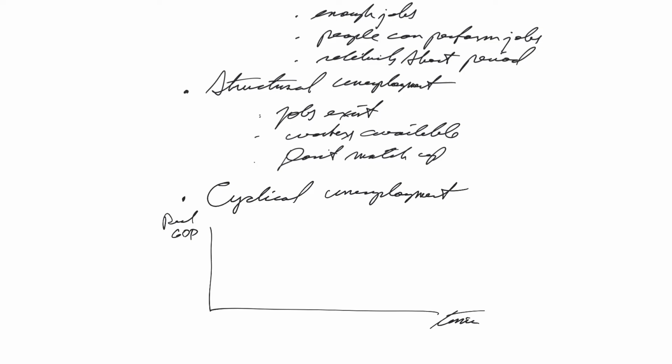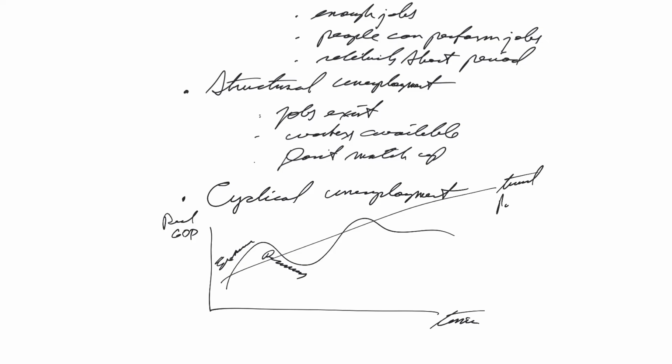Plotted over time, we've got this business cycle. We've got the expansions here, and we've got the recessions here, okay? And we have this trend line, or potential GDP. This is the long-term potential sustainable GDP.